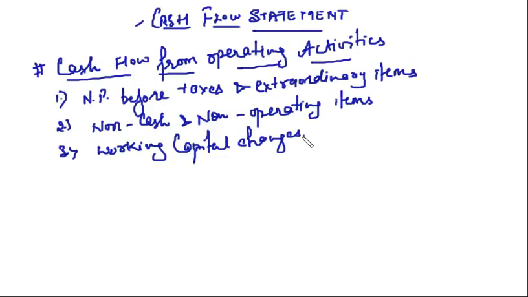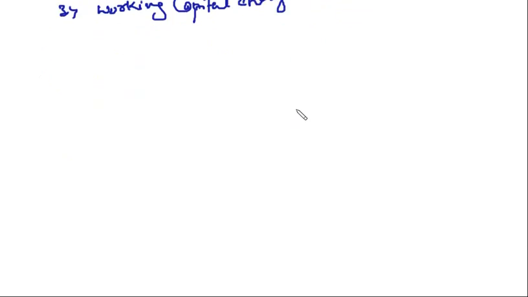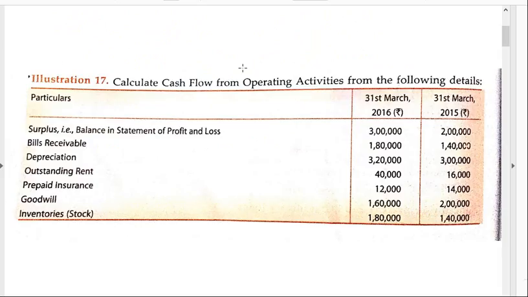Okay, so we have discussed all these things. Now in this lecture we'll do a practical problem on this. We'll practice some problems relating to cash flow from operating activities. The question says calculate cash flow from operating activities from the following details.